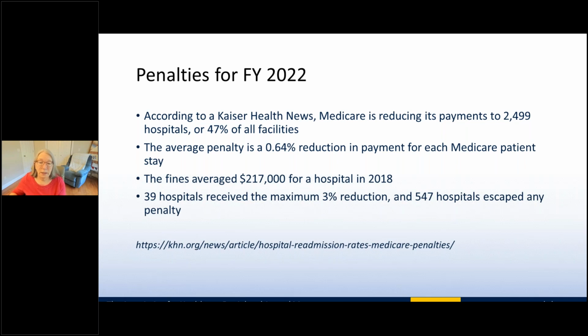The average penalty is a 0.64% reduction, quite a ways below the 3% max. Fines averaged about $217,000 for a hospital in 2018. Only 39 hospitals in 2022 are receiving the maximum 3% reduction. I've got the URL here, where there's a link to look and see what your hospital's penalty is for the next year.